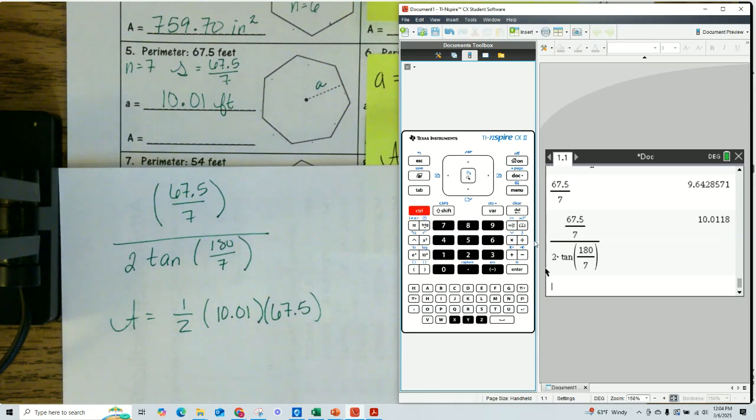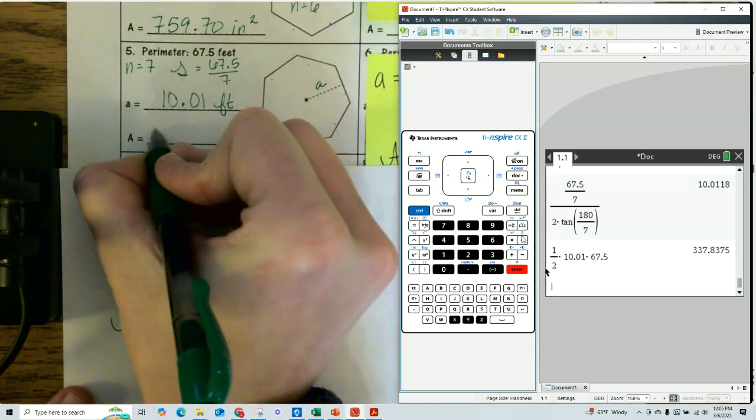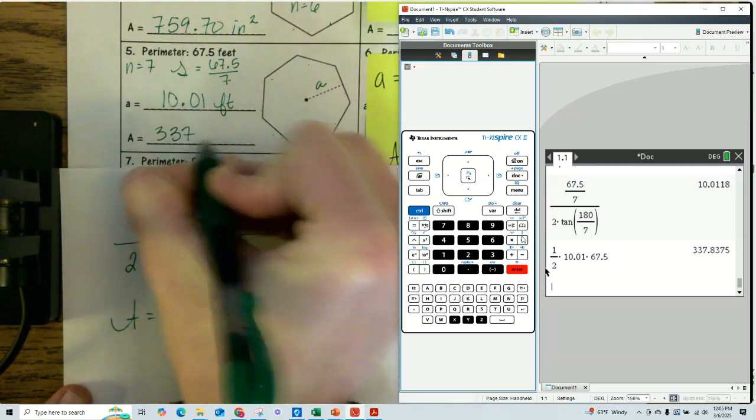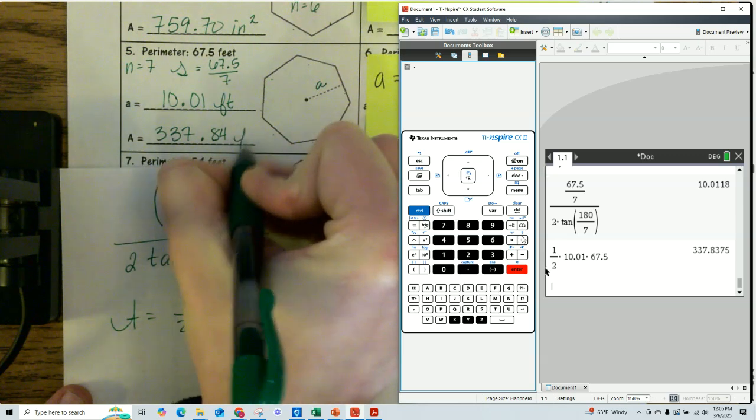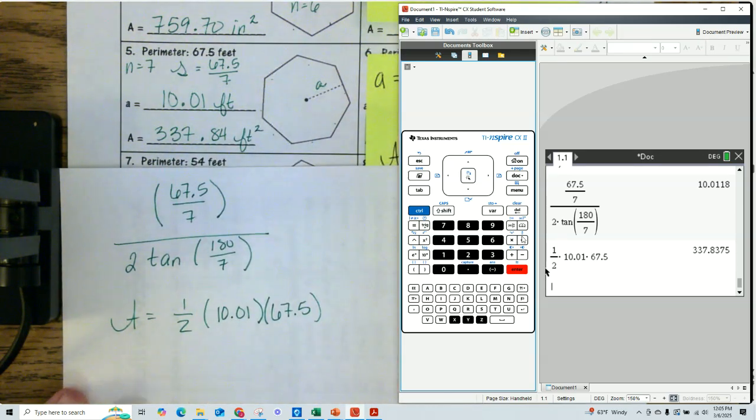All right, here we go. Just plug in those values. And if we round it, 337.84 feet squared.